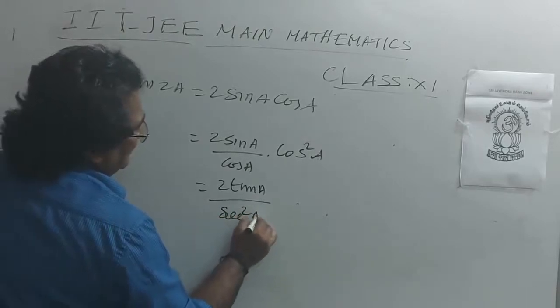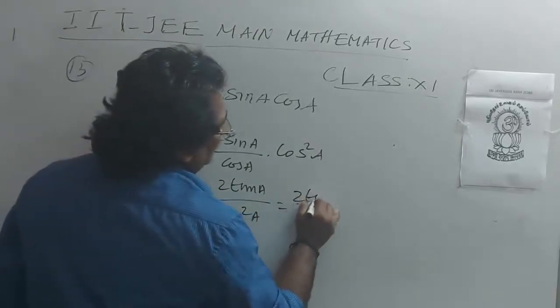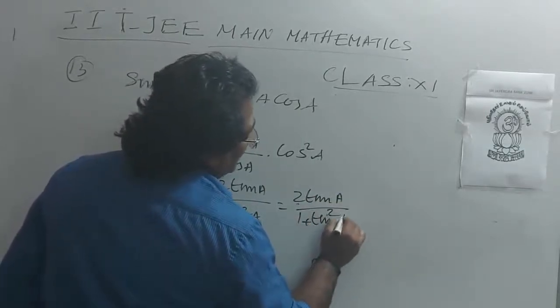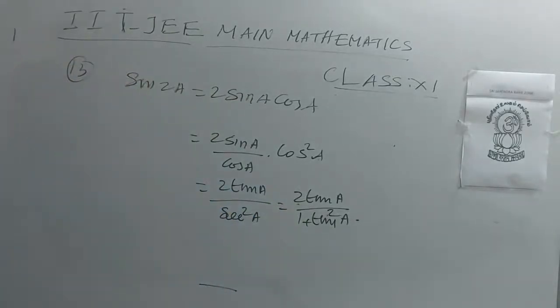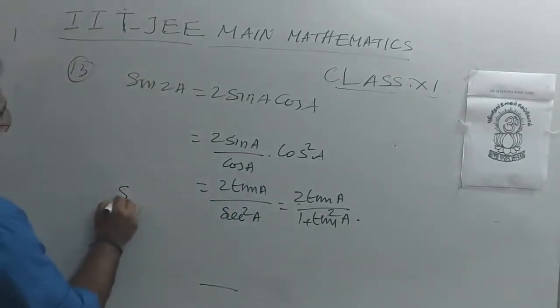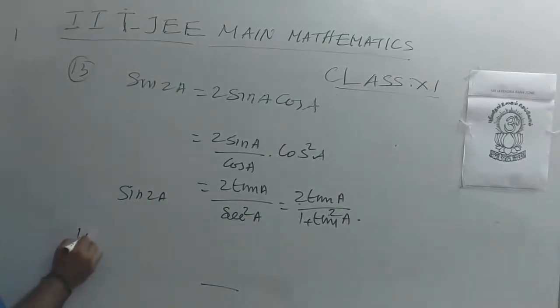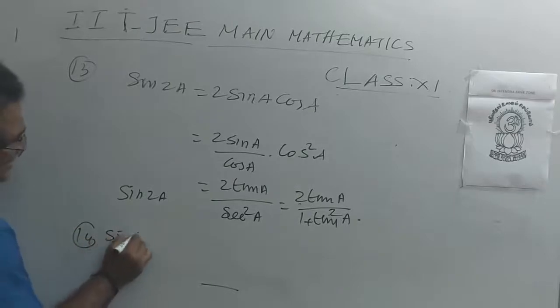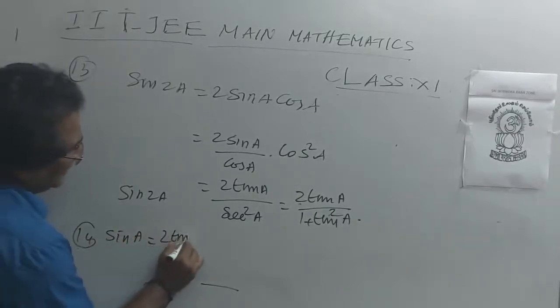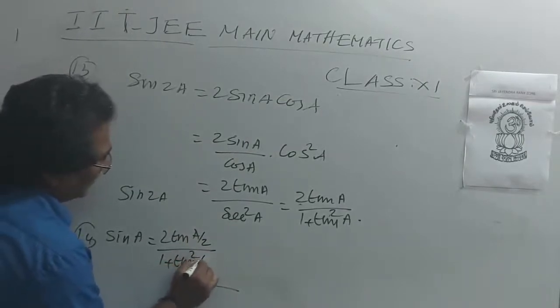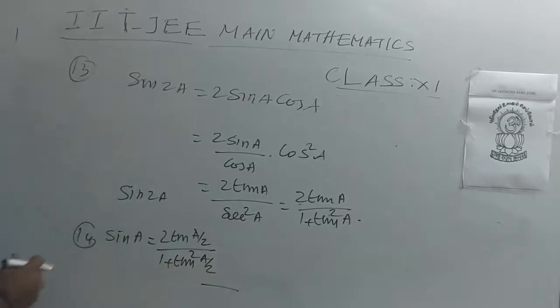That is, sin 2a equal to 2 tan a by 1 plus tan squared a. From this, dividing the angle by 2 on both sides, sin a equal to 2 tan a by 2 by 1 plus tan squared a by 2.